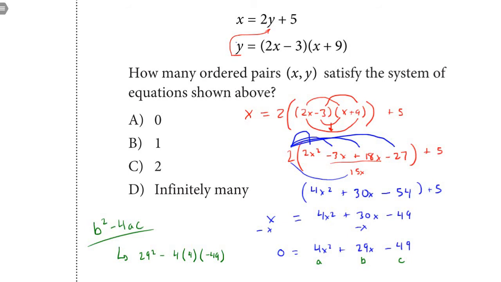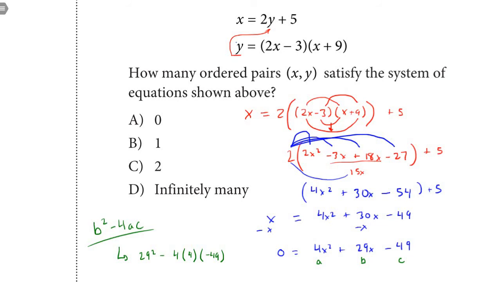But what you do need to do is know whether your discriminant is going to be a positive value, a negative value, or just 0. Because if it's positive, that means you will have 2 ordered pairs that satisfy the system. If it's 0, that means you'll have 1. And if it's a negative value, that means you'll have no ordered pairs that satisfy the system.